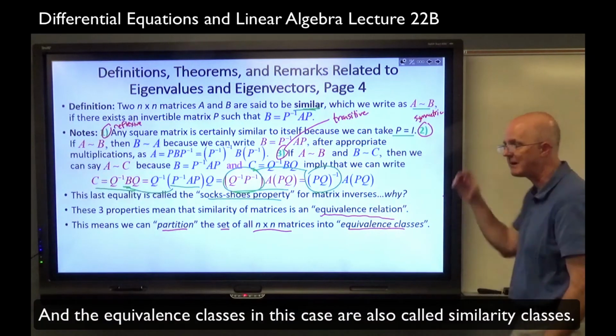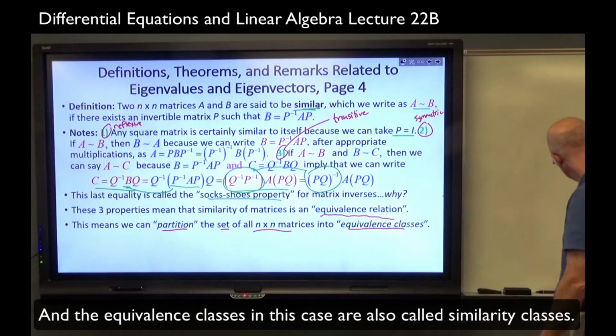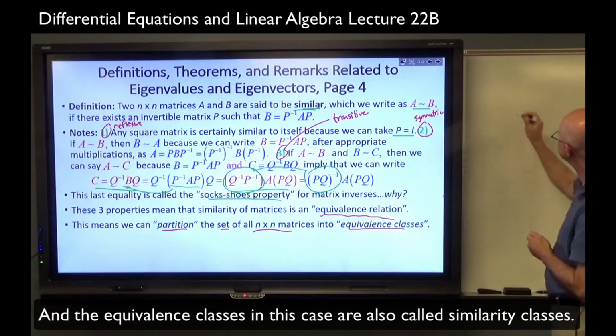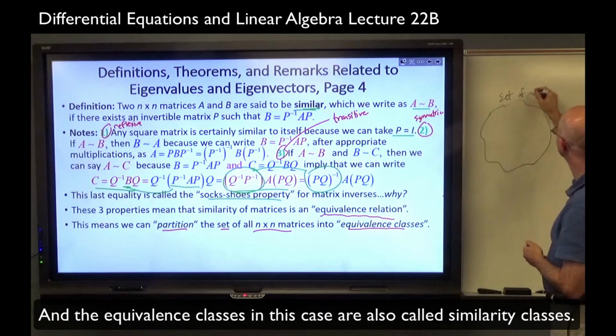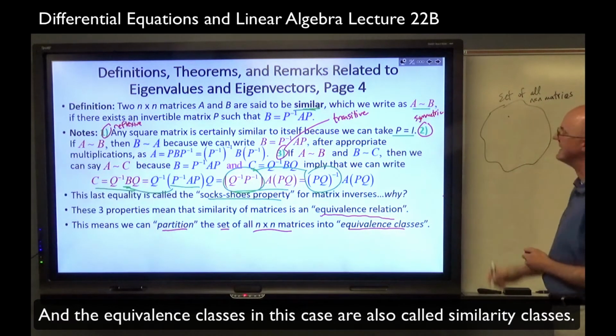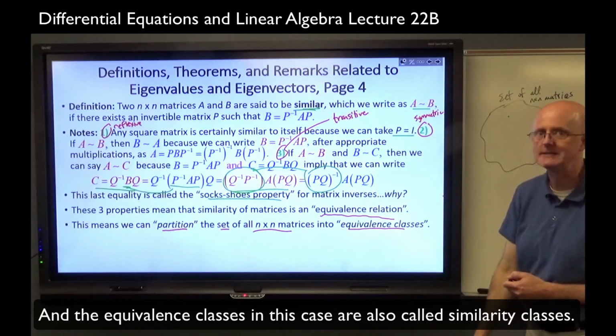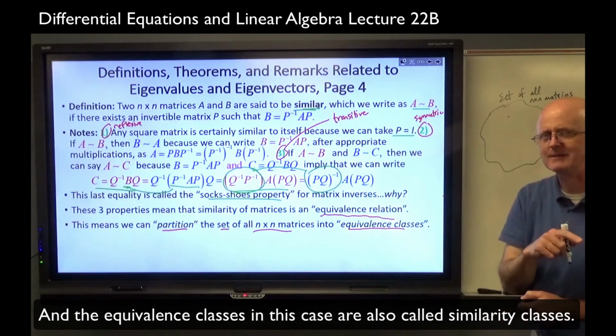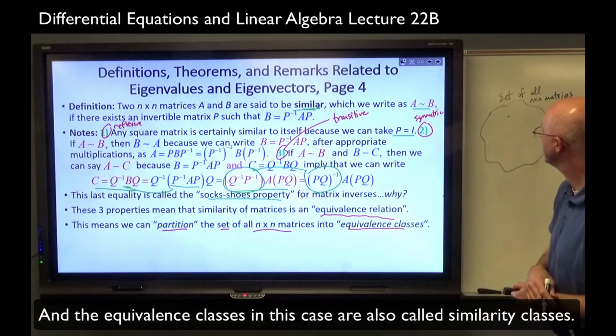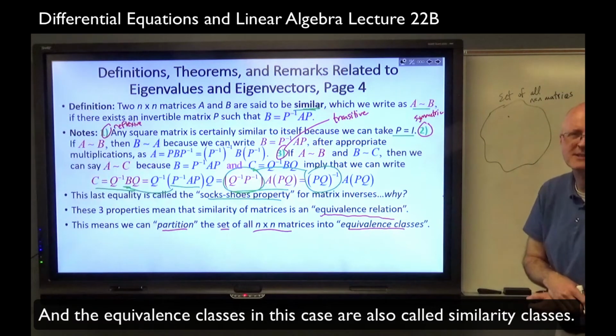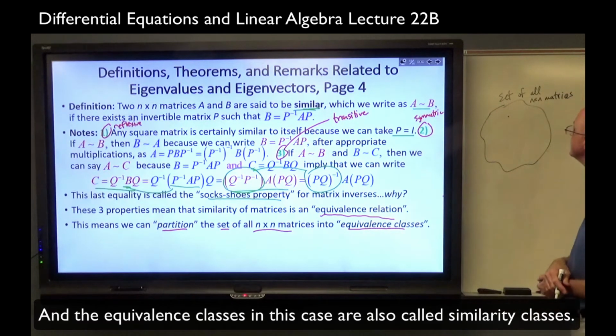What in the world is that about? If this blob represents the set of all n by n matrices, you have to use your imagination here. So each point in this set is a matrix. We got used to this when we thought about vector spaces and function spaces and functions being thought of as points in function spaces.